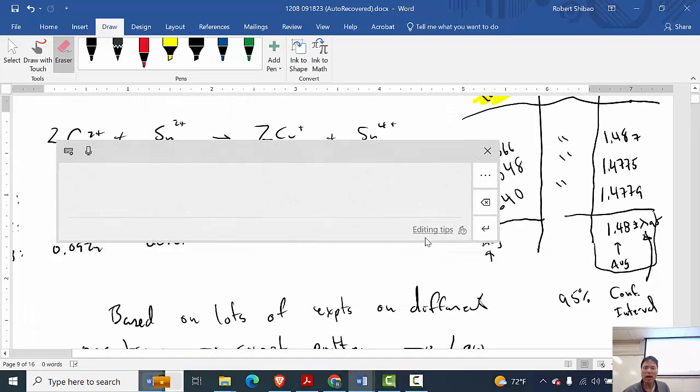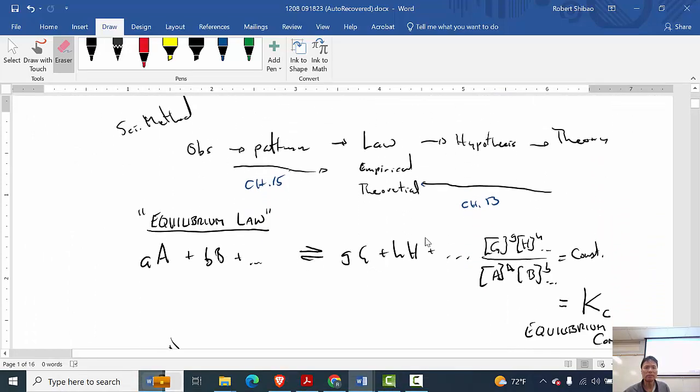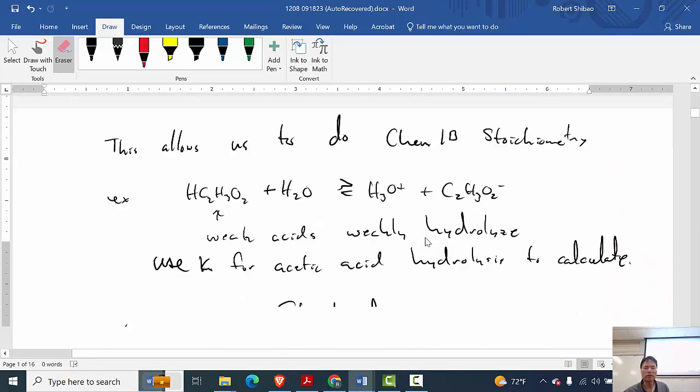All right, let's check atom and charge balance for this equation.